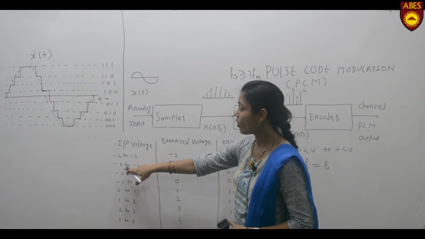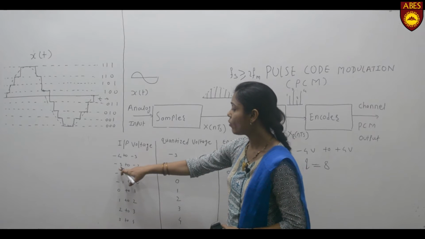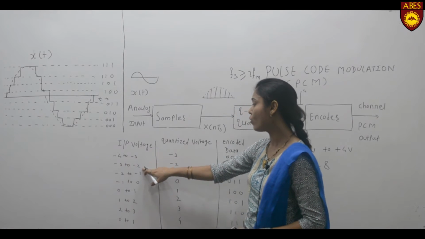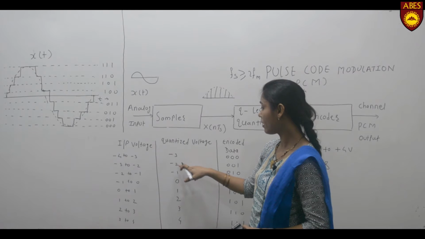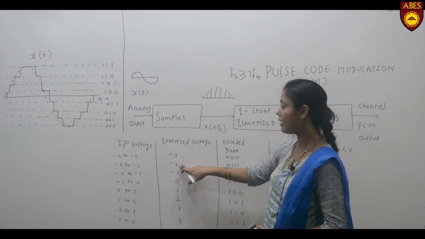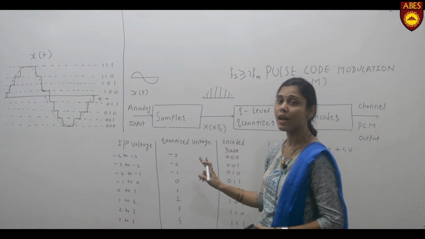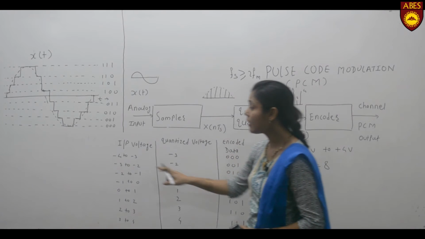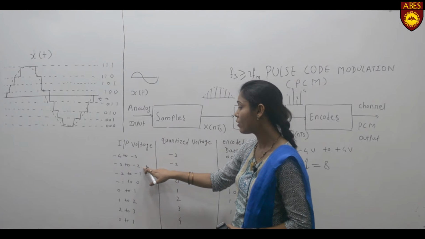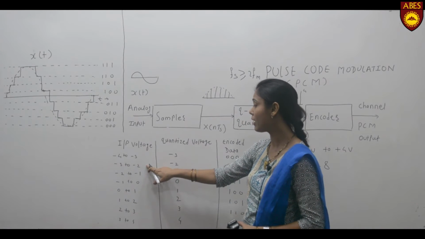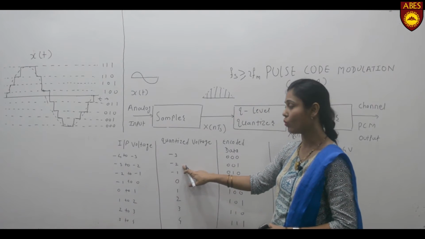The samples from -3 to -2 volt are converted into a quantized voltage equal to -2 volt. It means that all the samples lying in the range of -3 volt to -2 volt will be converted to -2 volt.